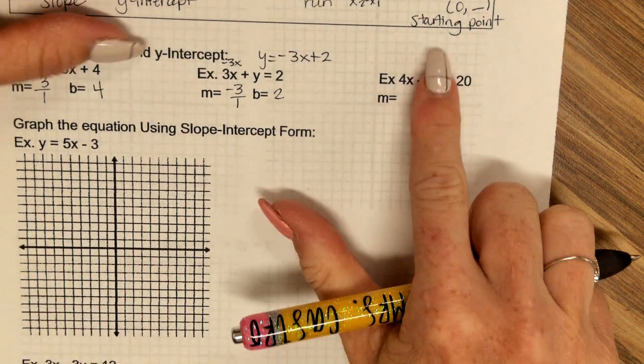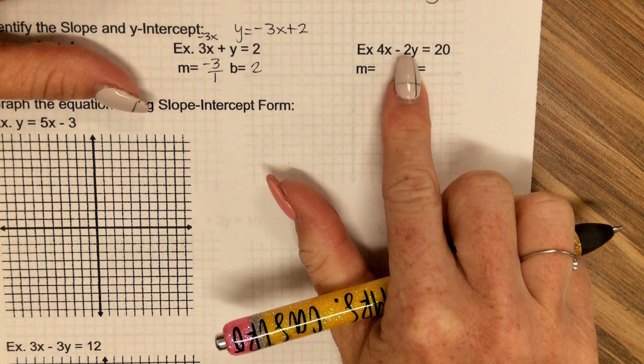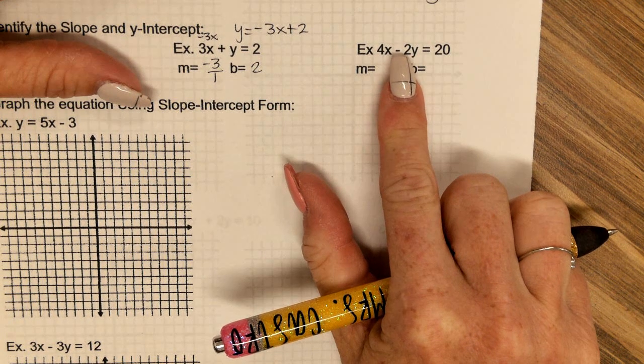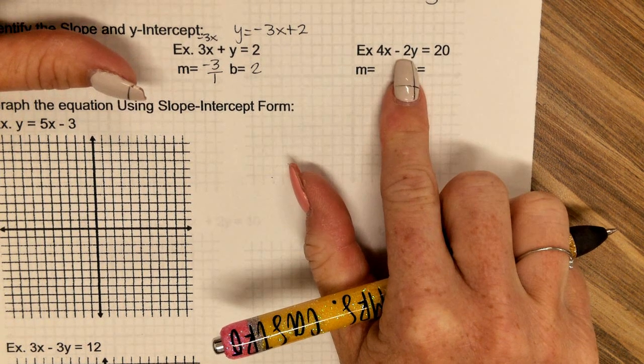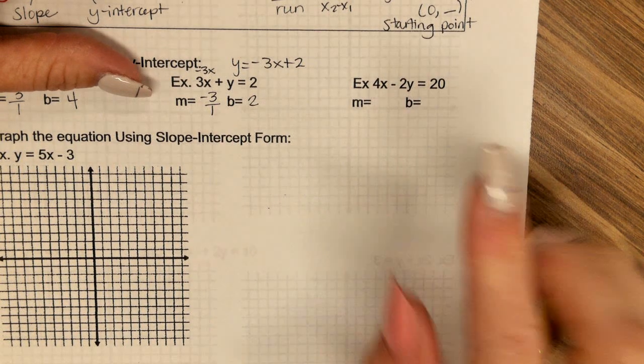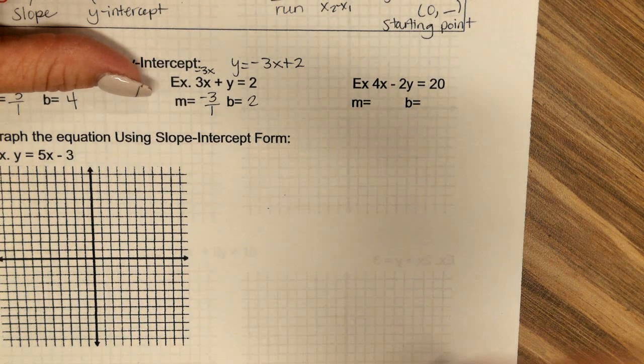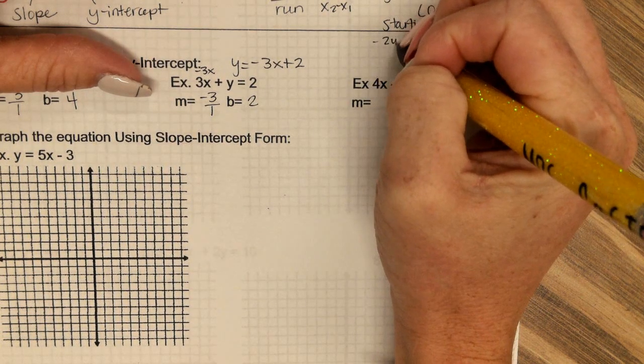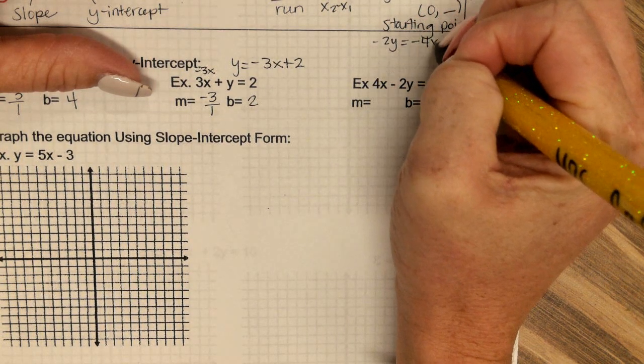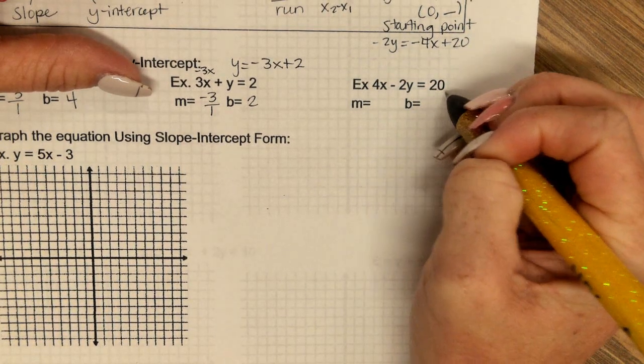All right. Is this equation in slope-intercept form? No. What form is it in? Standard. So what do I need to do? Rearrange it. How am I going to get this 4x to the other side? So I've got negative 2y equals negative 4x plus 20 because this 20 is positive.